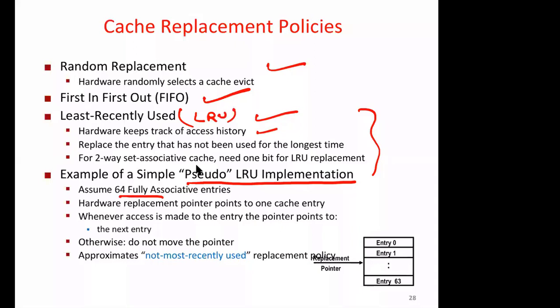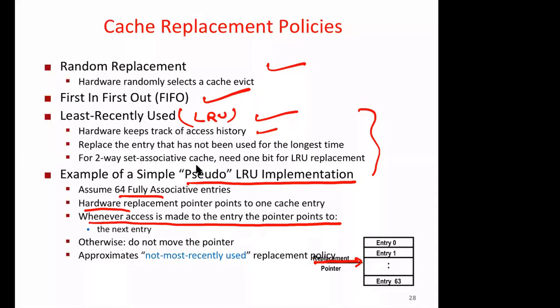In hardware replacement, we have a pointer called the replacement pointer, which points to one cache entry. Whenever an access is made to the entry, the pointer points to the next entry.